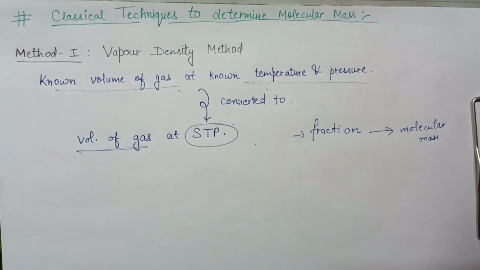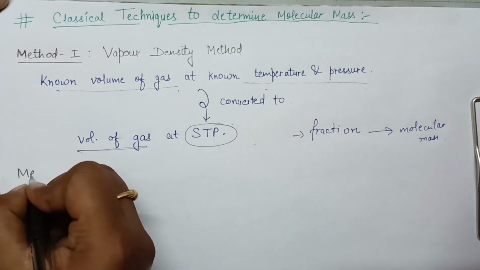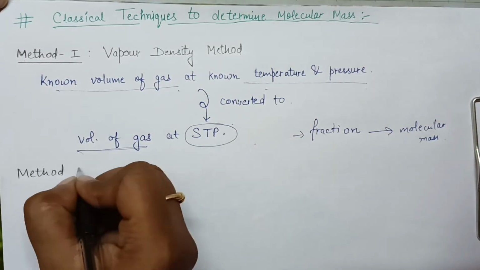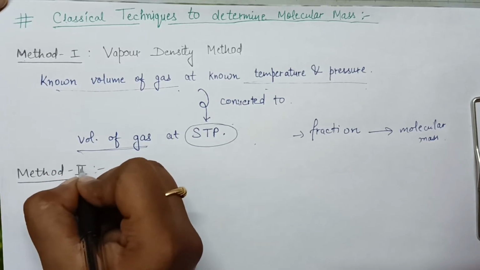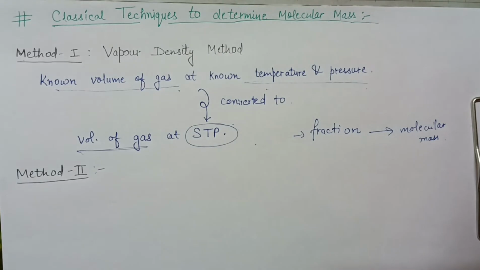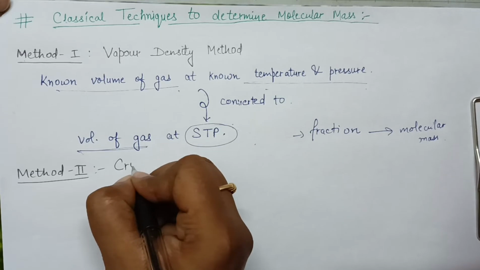Now moving on to the second method. We just need a bit of understanding, we don't need to go into further details, because nowadays we use mass spectra majorly, right? So method number 2 is the cryoscopic method.